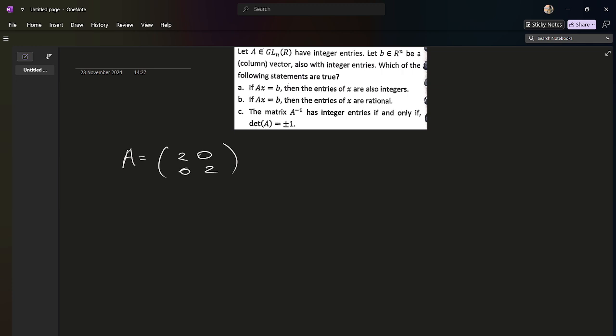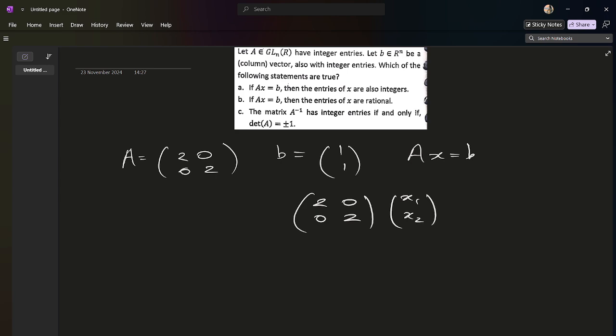Then let B be (1,1). Then what we will get? Then Ax will equal B. So A is [[2,0],[0,2]], and let x be (x1, x2), which equals (1,1). Then 2x1 will be equal to 1 and 2x2 is equal to 1.